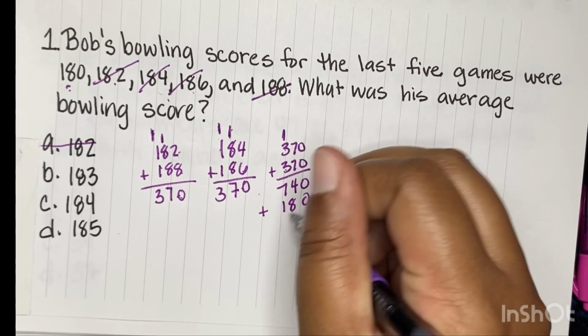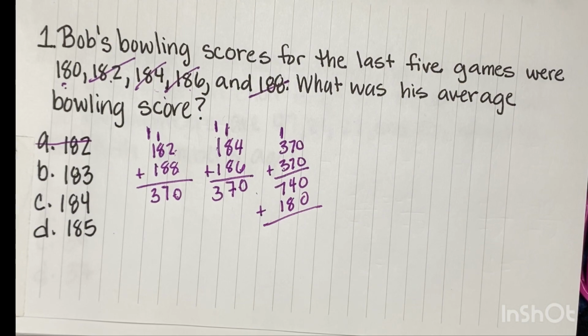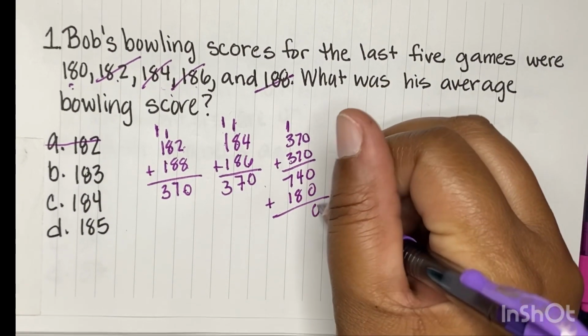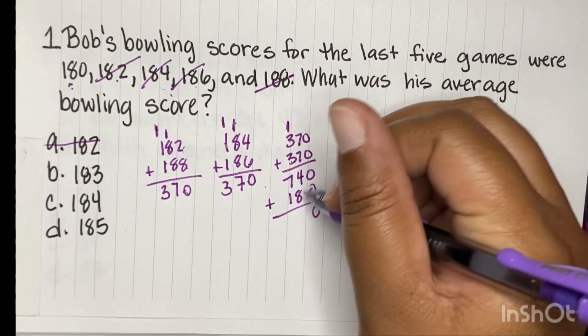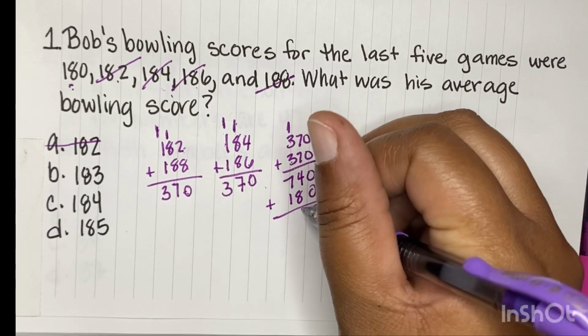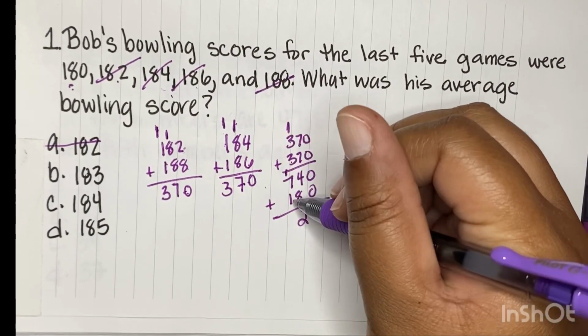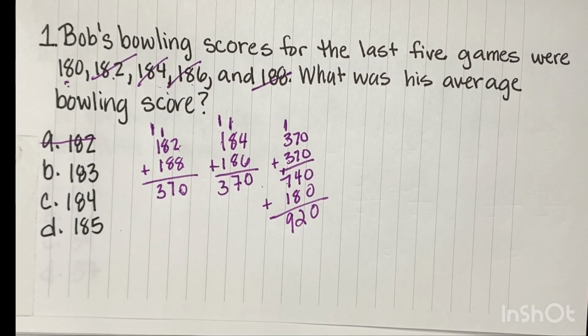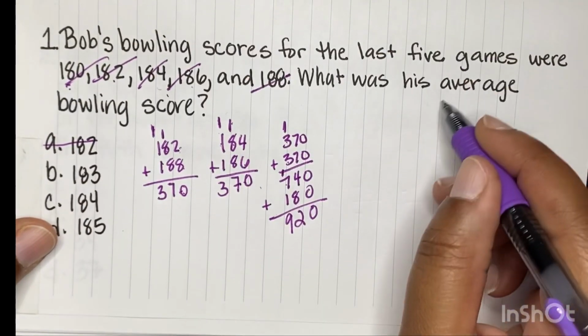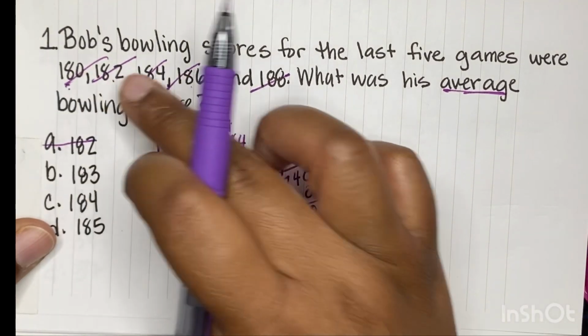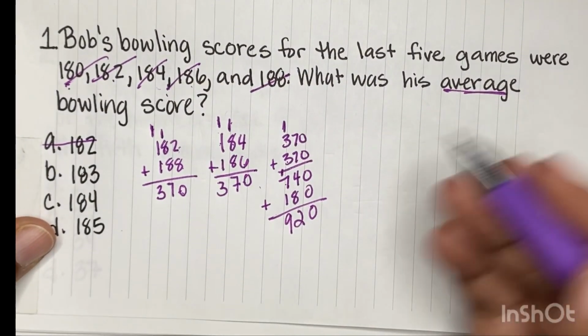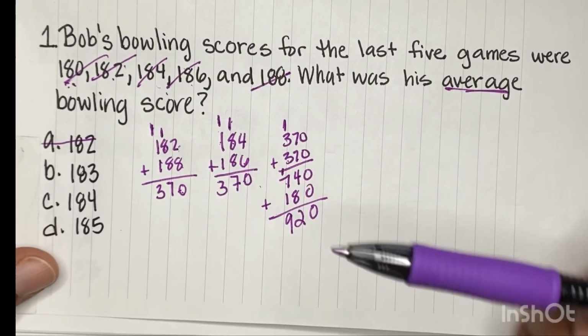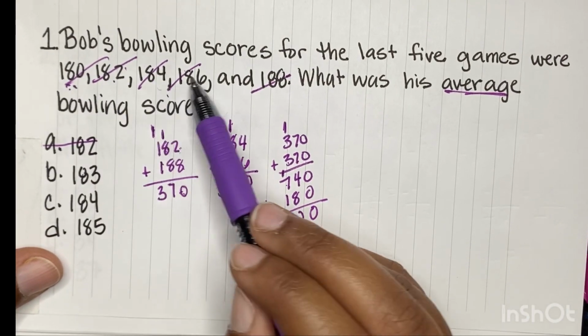So we're going to add 180 to that 740. 0 plus 0 is 0. 8 plus 4 is 12. And then 7 plus 2 is 9. So we have 920. Now what you have to remember about average is you add up all the numbers, but then at the end you have to divide by however many you added. So 1, 2, 3, 4, 5.